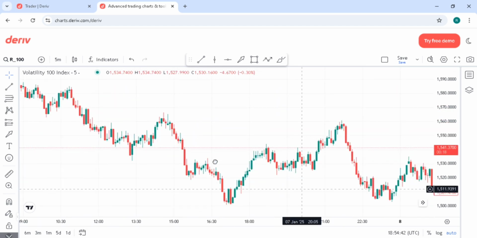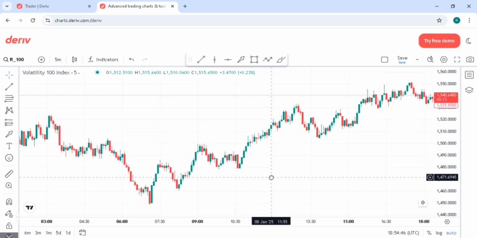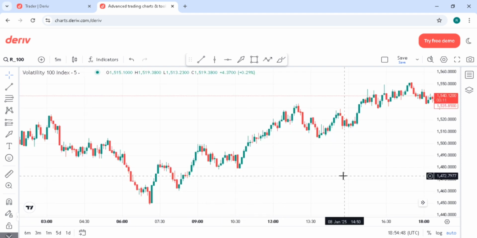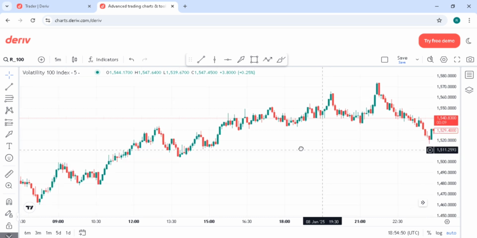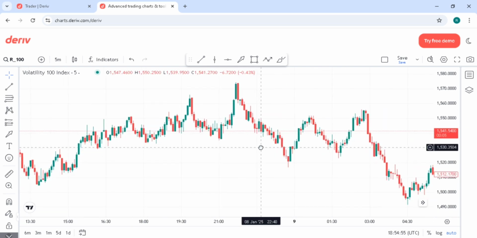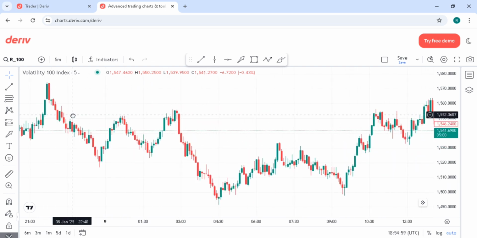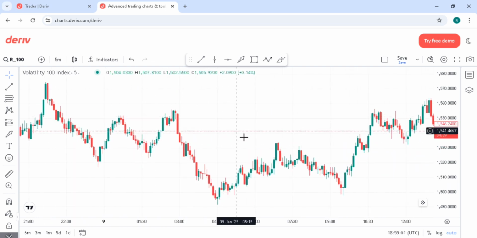Okay, the other good example of the engulfing candle pattern, so I've talked about this one. And I can show you another one.